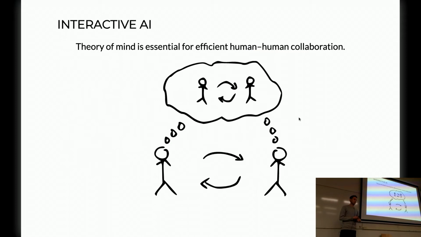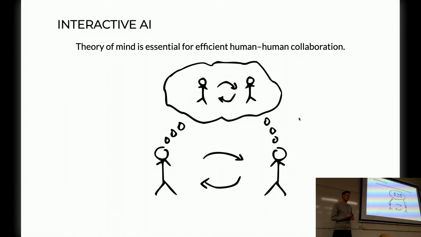So we know from research in human collaboration that theory of mind is important for collaboration. We think of other people as thinking people and attribute mental states, beliefs and intentions to others.